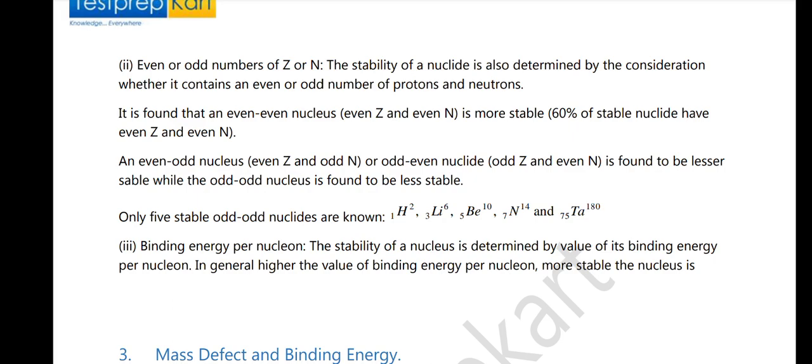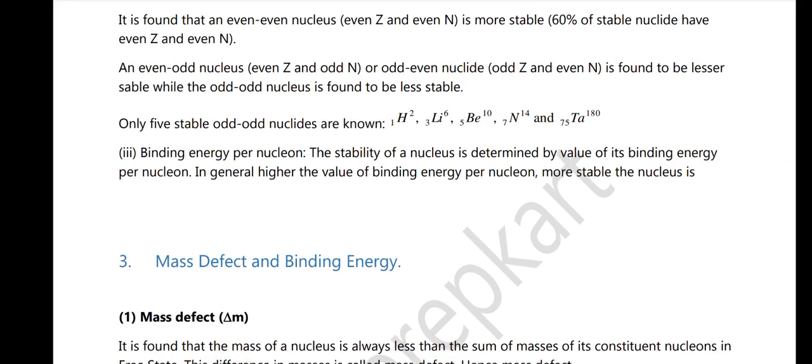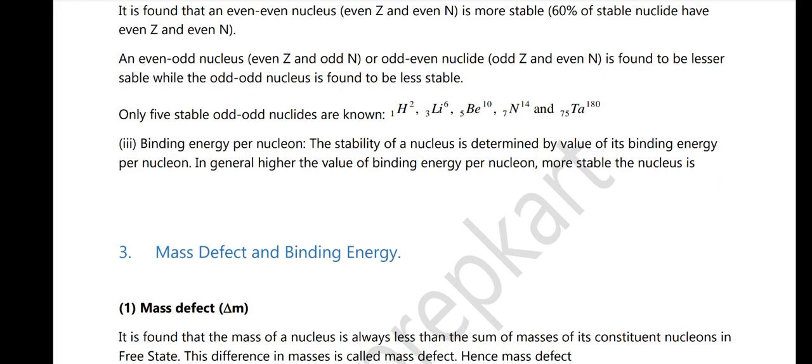Okay, after this, the last one, that is binding energy per nucleon. In this, the stability of a nucleus is determined by the value of its binding energy per nucleon.